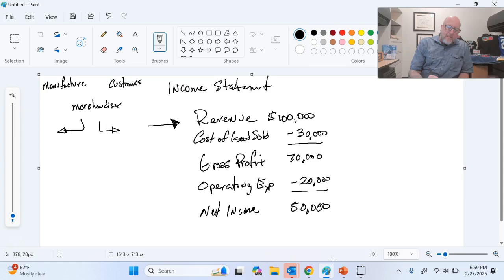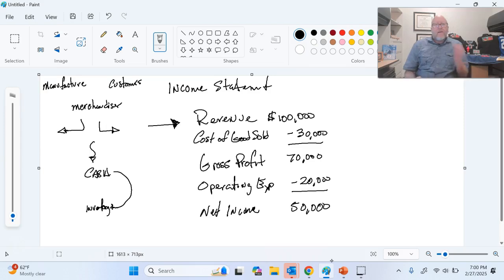right? So the sale of merchandise is obviously going to generate revenue. And then the purchase of merchandise is going to lead to cost of goods sold. All right. That is the operating cycle. What we're basically saying is, I have a bunch of cash, and I'm going to convert that cash to inventory, right?